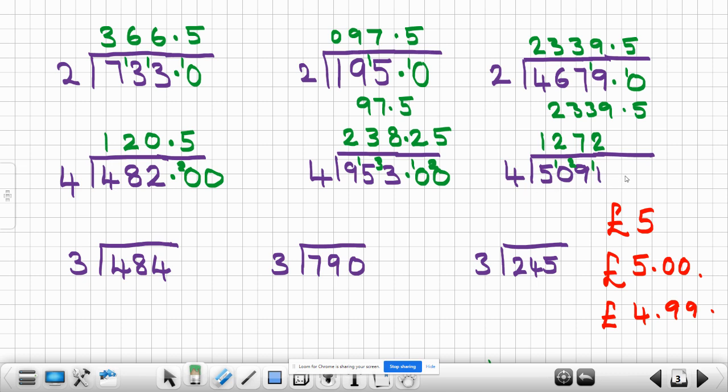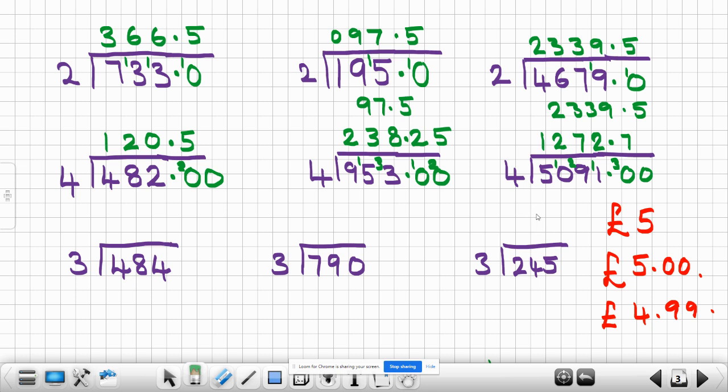What are we going to do with the remainder of 3? We're going to put a decimal point, a couple of zeros, and put the 3 in front of that 0 to make 30. We must also put a decimal point on top so that we are keeping place values. And we are now getting into decimals. So we can now say, how many 4s are there in 30? 4 goes into 30 7 times, which is 28.